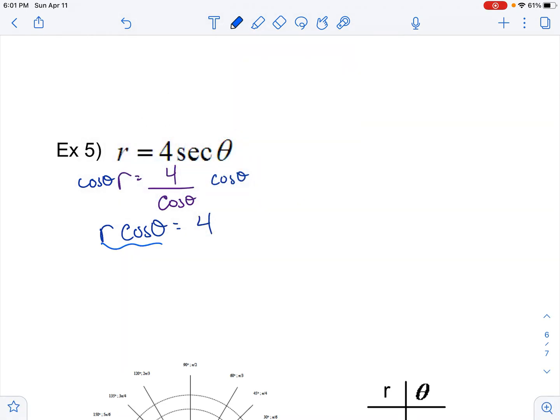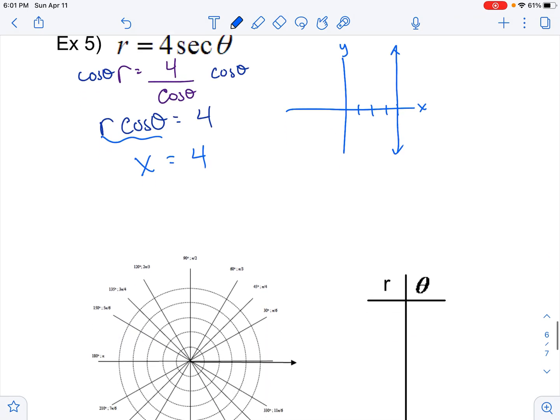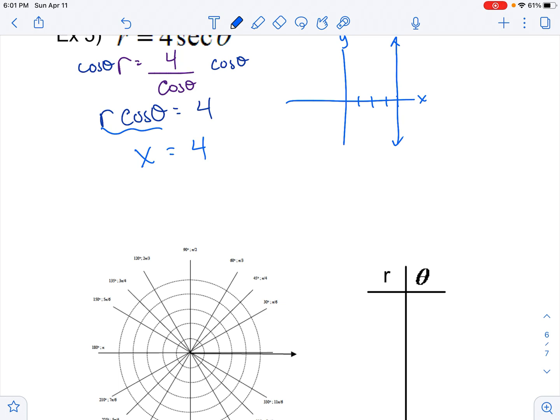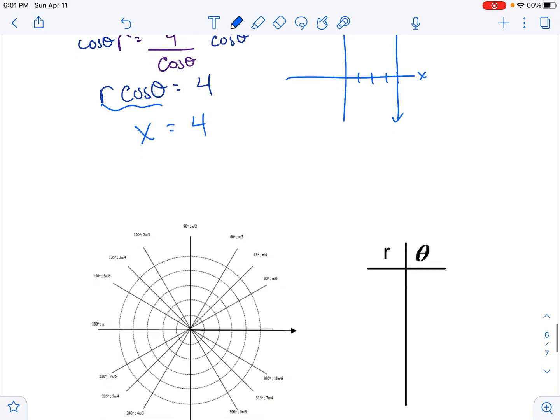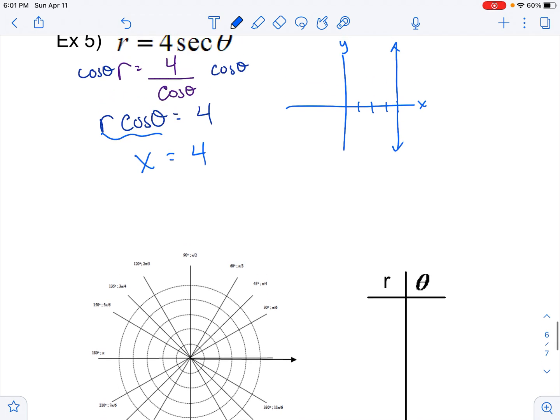Well, I know r cosine theta is the same as x, so it's x equals 4. Again, if I'm thinking about the graph of x equals 4 on the regular rectangular plane, I go 1, 2, 3, 4 units over on my x-axis, and it's a vertical line this time.